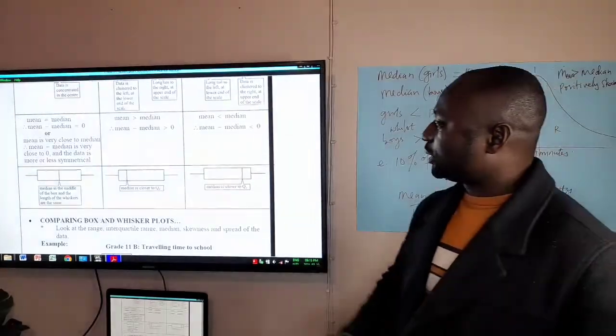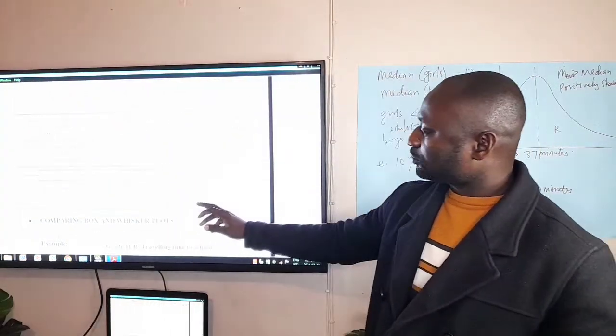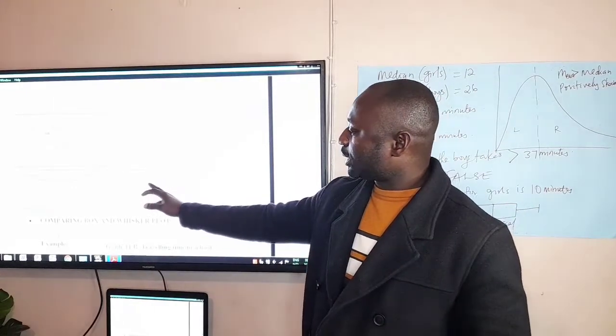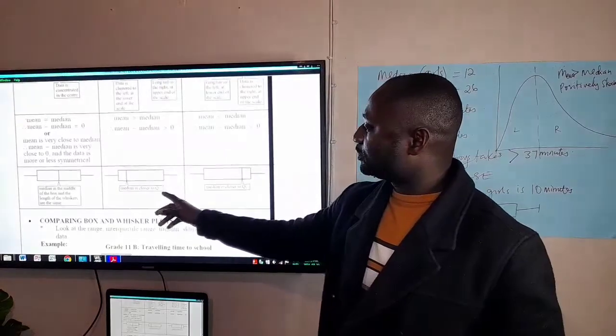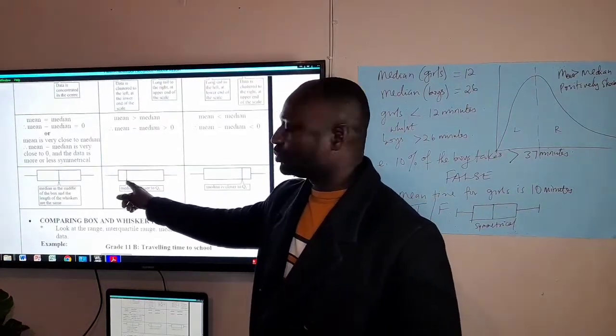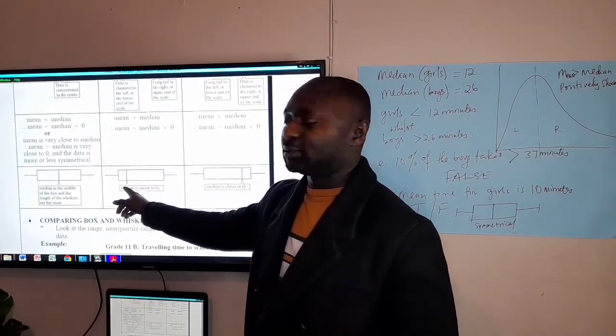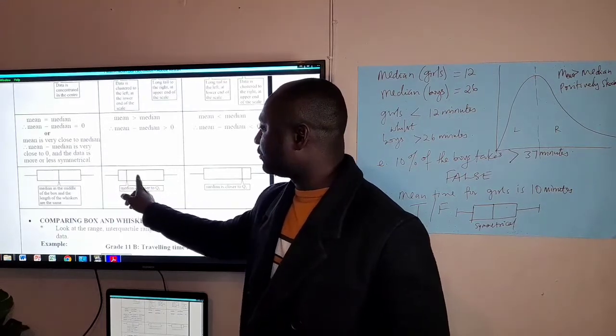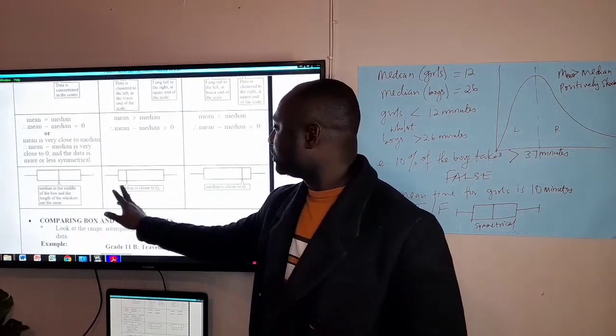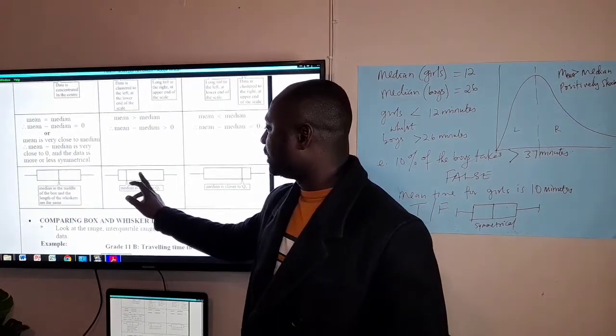Now let's look at this one in the middle here. The box has been divided into two using the median. Now you can see that the two sides of the box are not the same. The left side is smaller than the right side.